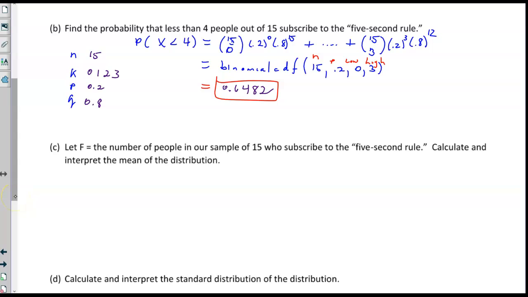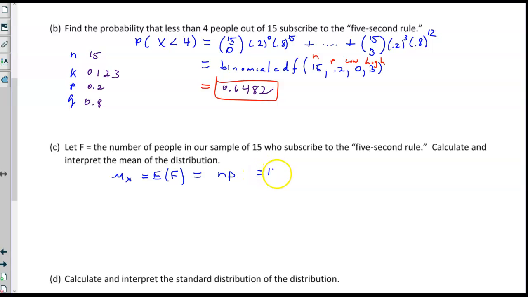Question 3. Let F be the number of people in our sample of 15 who subscribe to the 5-second rule. Calculate and interpret the mean of the distribution. So the mean or the expected value of this distribution, again use capital E of F, because that's how they define the distribution. They give you that formula on the reference sheet and it's simply n times p.